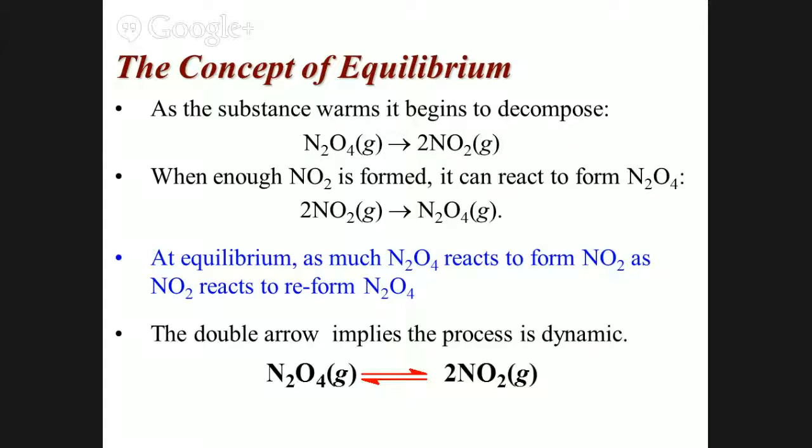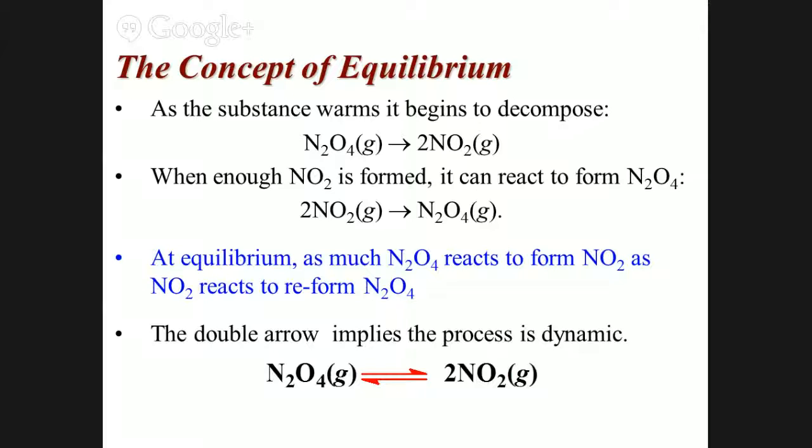So, two reactions. N2O4 goes to NO2. But after a while, we've got a lot of NO2, and so notice NO2 is going to N2O4. Two reactions going on at the same time, and we don't want to write two reactions, so at the bottom we have just the double arrow, implying both a forward reaction, most of the time to the right, and a reverse reaction back to the left.